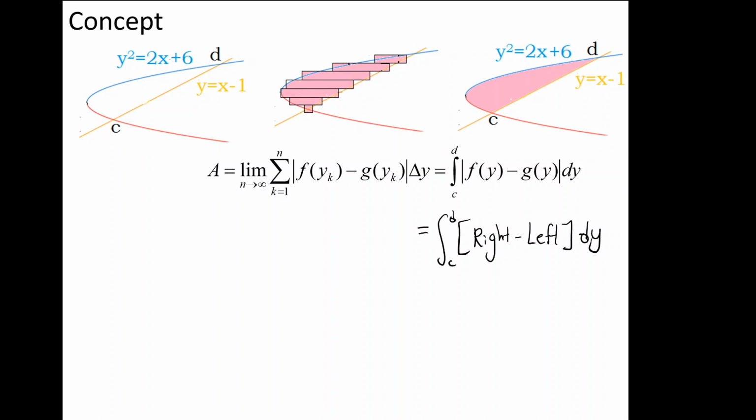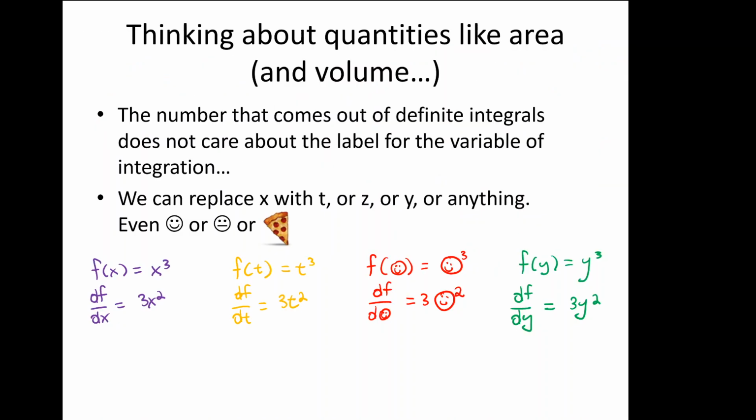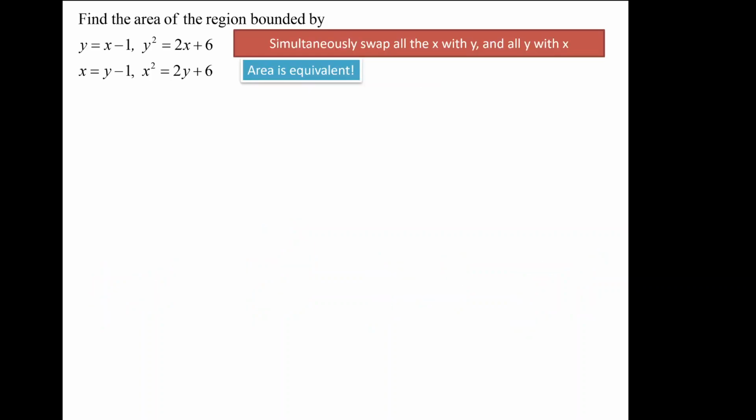So our expression is x squared is equal to 2y plus 6, and x is equal to y minus 1, and we rearranged both of them to write y in terms of x. We would get the exact same answer, and that's one way to approach these. So we can swap all the x's with y's and all the y's with x's simultaneously.